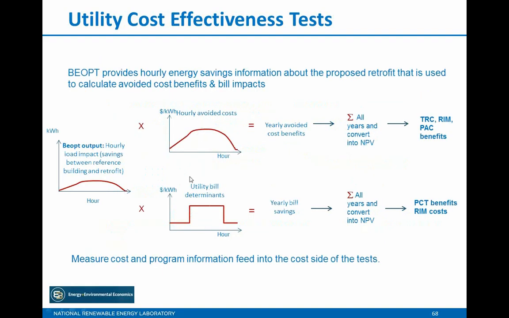So there's quite a lot that goes on in the integrated approach. The building simulations predict the load impacts, the savings in the retrofit or the design building versus the reference. And so again, those are hourly results throughout the year, and those get combined or multiplied by the avoided cost at the utility level, and that's done over a number of years for the analysis period.